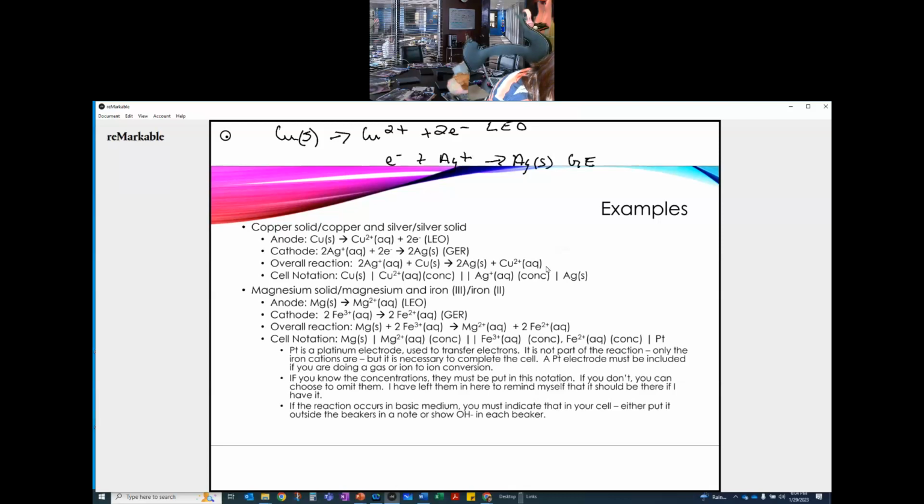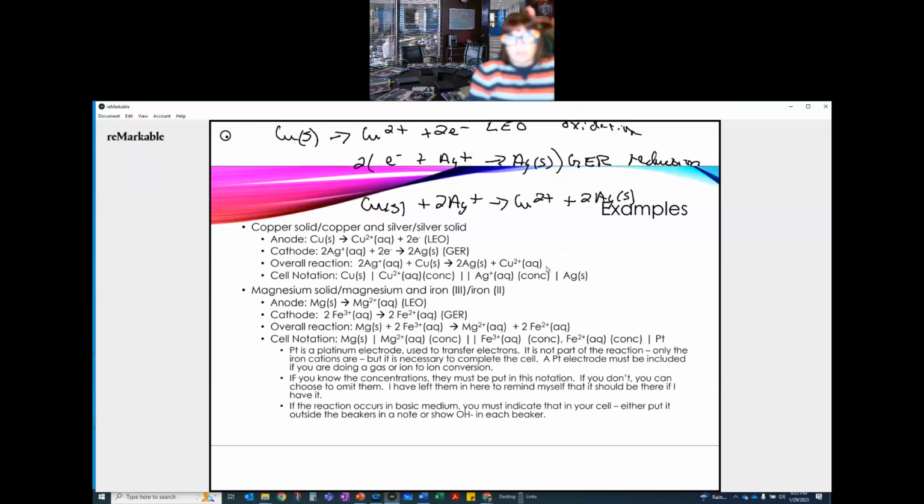Gain electrons, reduced. So this is my reduction. For my overall reaction, I need 2 electrons for both of them, so I'm going to have to multiply this by 2. So I'm going to have Cu solid plus 2Ag+ goes to Cu2+ plus 2Ag solid. That's how I get my overall reaction.